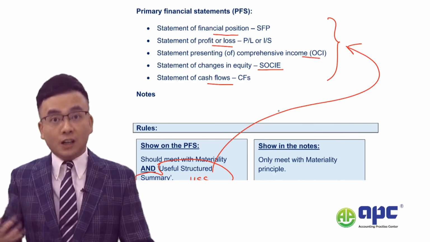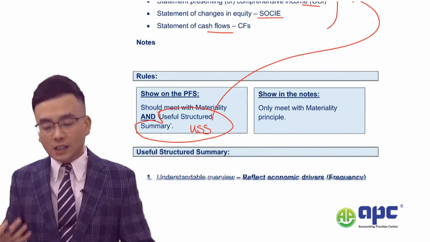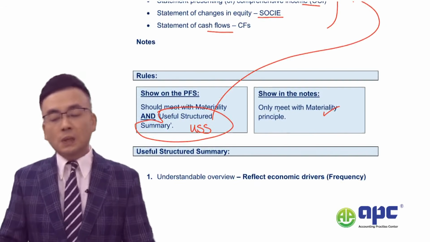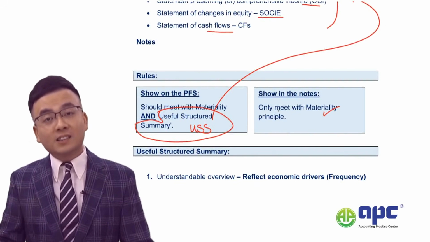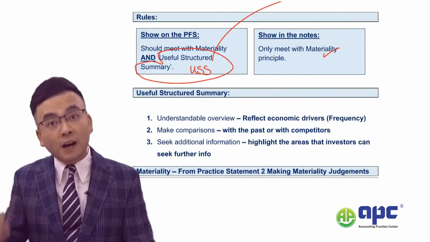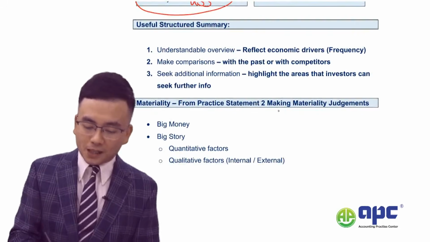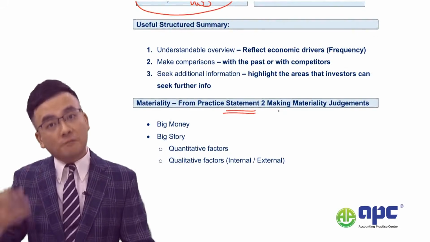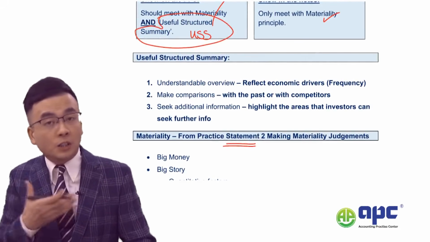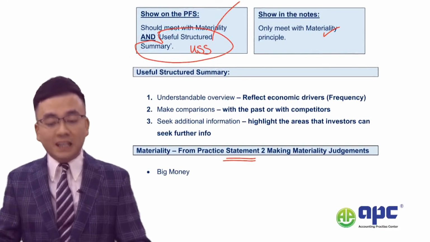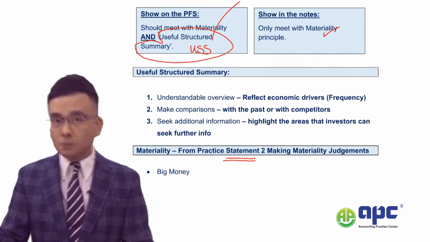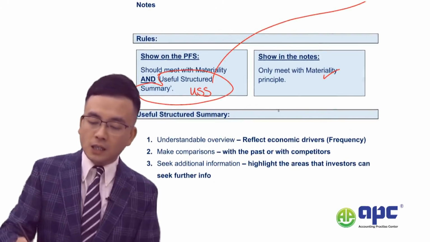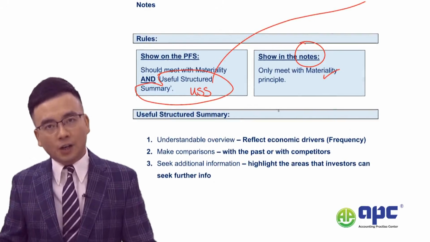Alternatively, if the transaction is only material, which means meeting the materiality principle, which we can find in Practice Statement 2, Making Materiality Judgements, then rather than meeting the useful structured summary principle, we only need to show it in the notes.